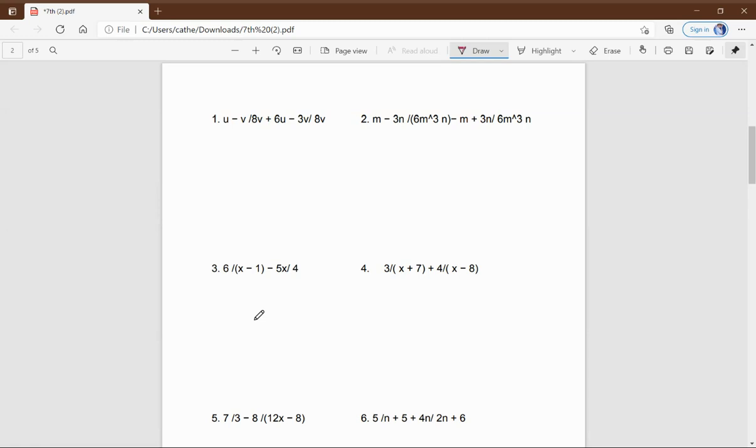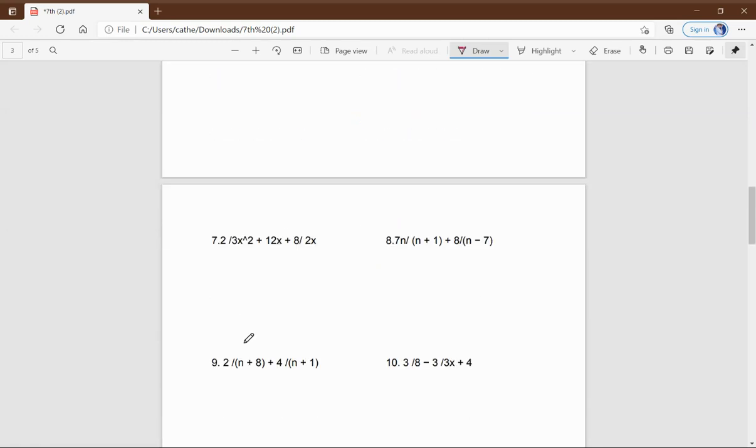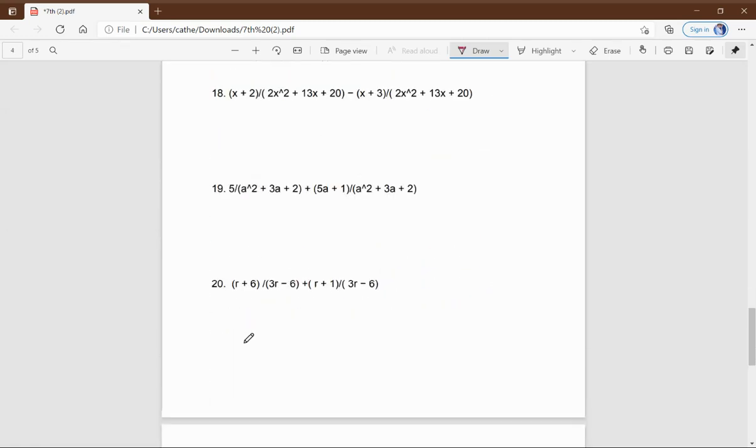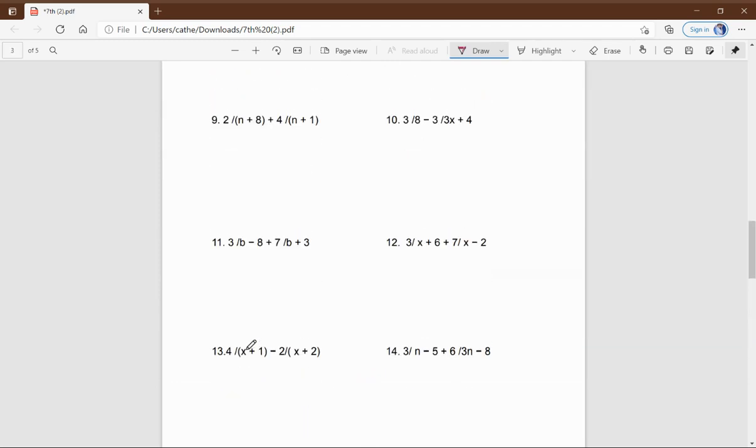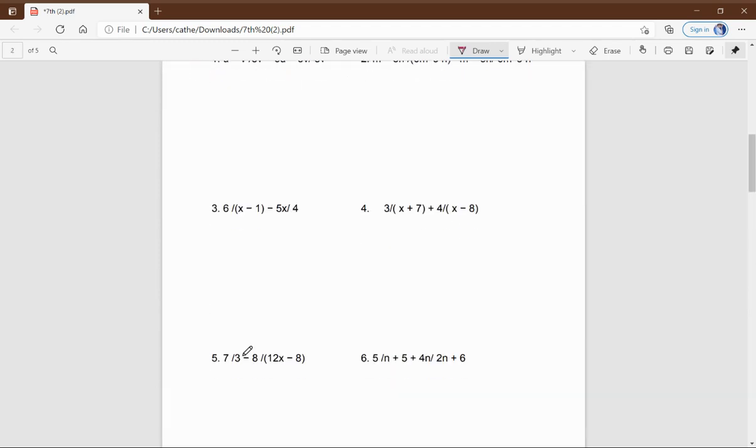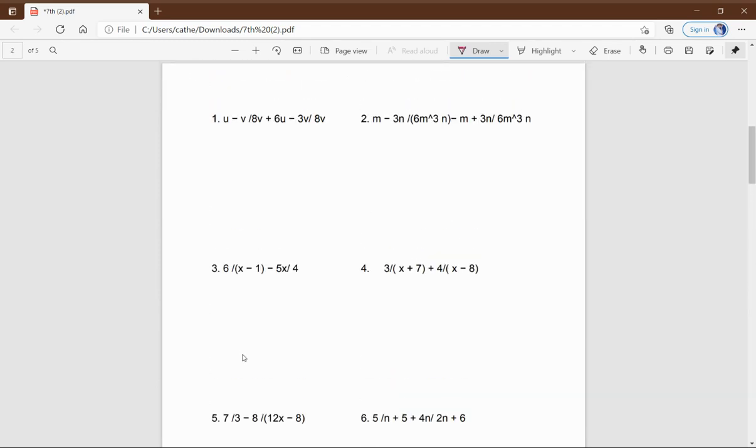Now that that's out of the way, I'm assuming that they want us to simplify or find the variables. They don't tell us, which is on the person who made this.